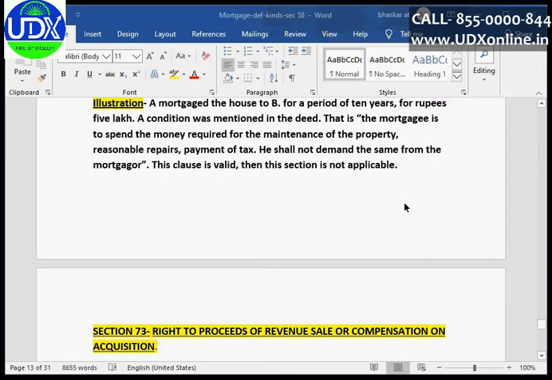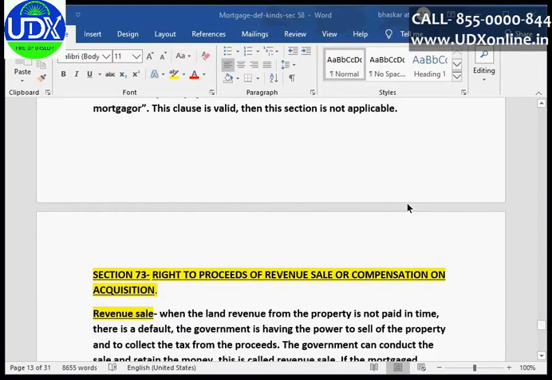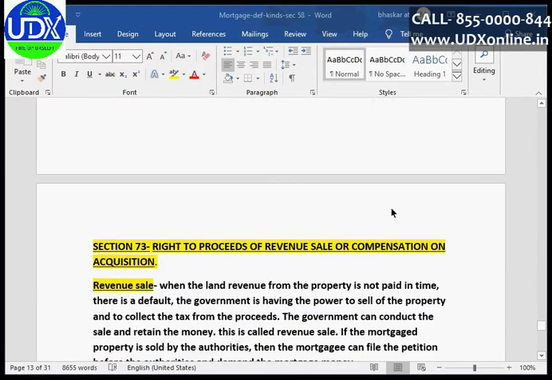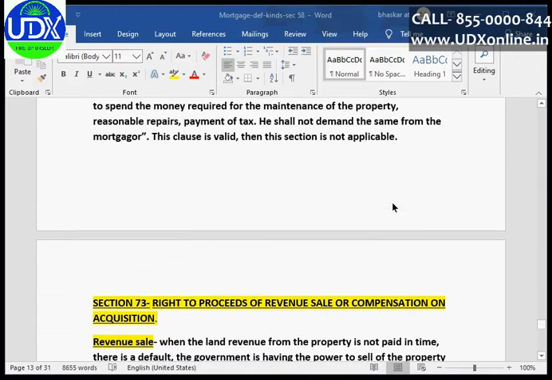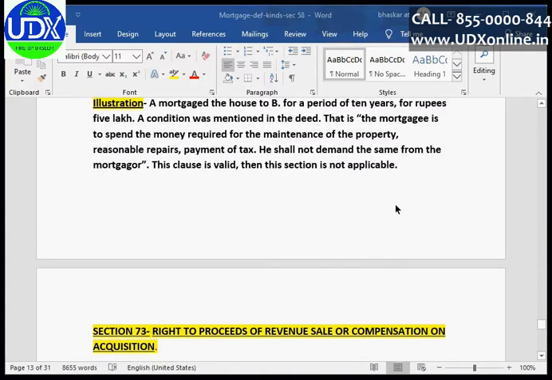Now, another important section, that is section 73. Right to proceeds of revenue sale or right to compensation on acquisition.